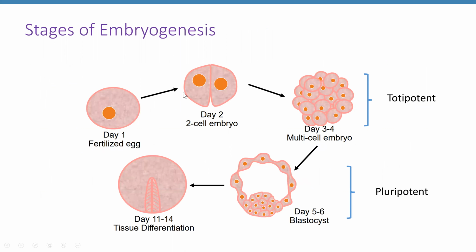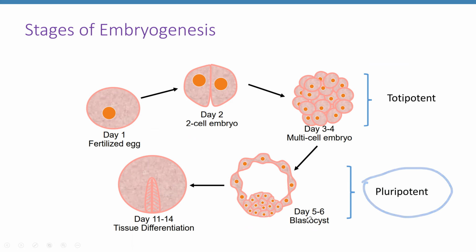Right, so here are the stages of embryogenesis, just to remind you. Day 1, fertilized egg. Day 2, 2-cell embryo. Day 3 to 4, multi-cell embryo. So these are our totipotent cells. And then when they form a blastocyst, day 5 to 6, those are pluripotent.